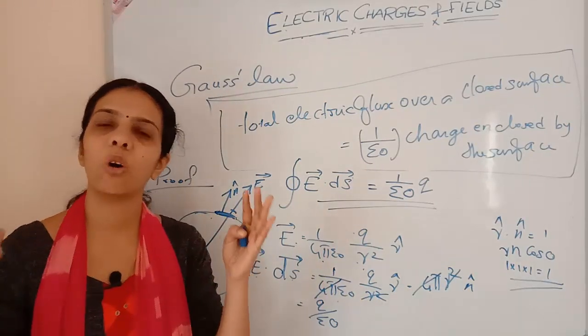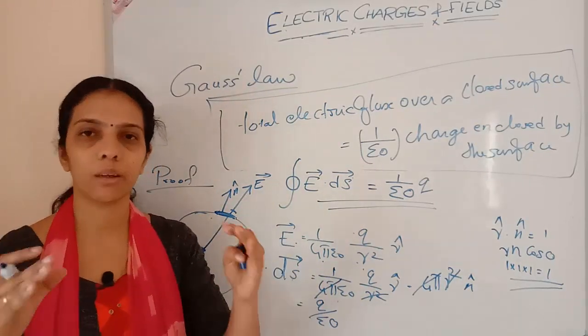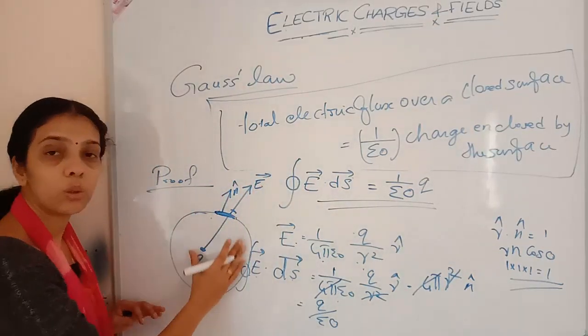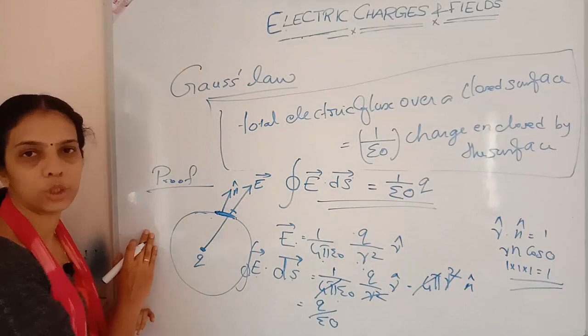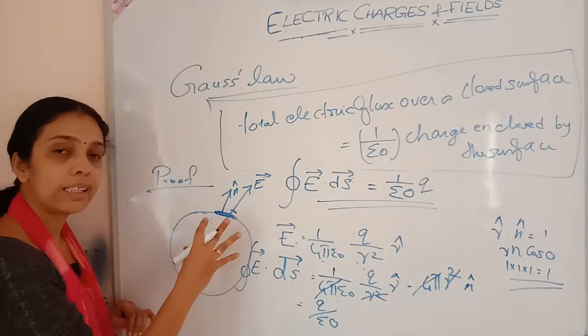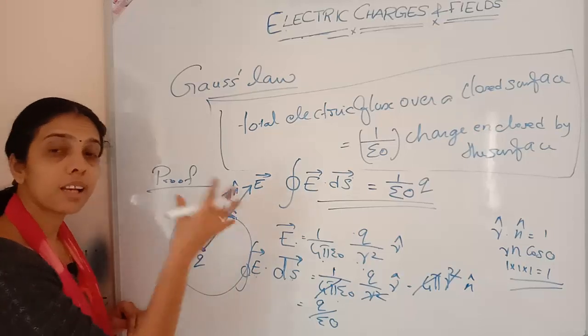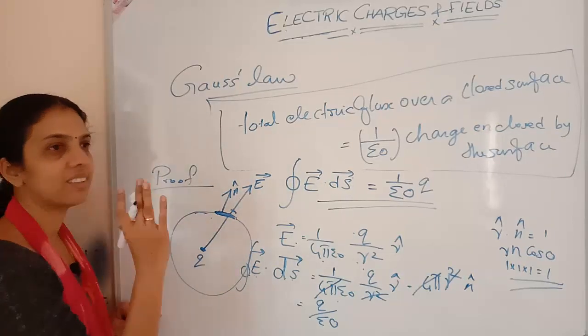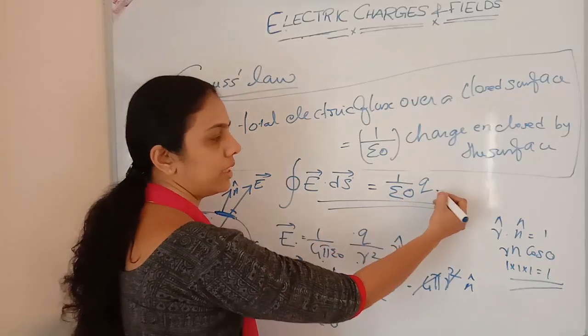And we should always consider only the enclosed charges, the charges which are covered inside the Gaussian surface. That charge alone will be included over here.